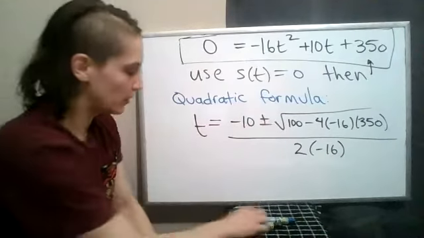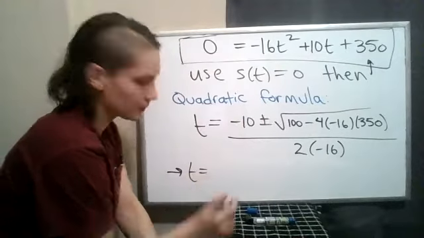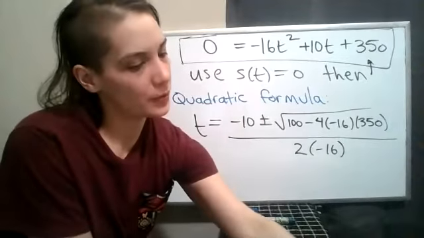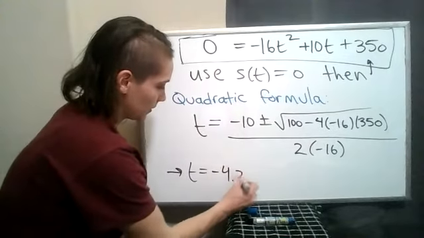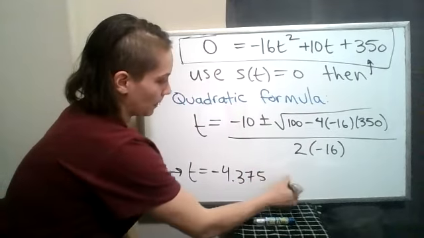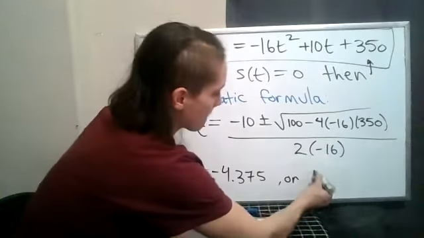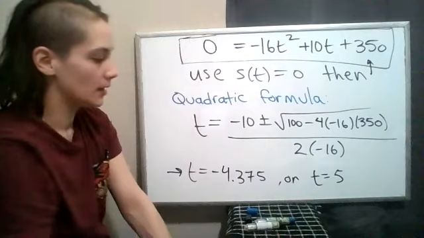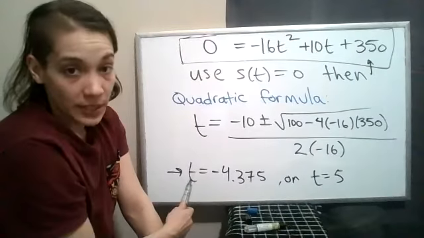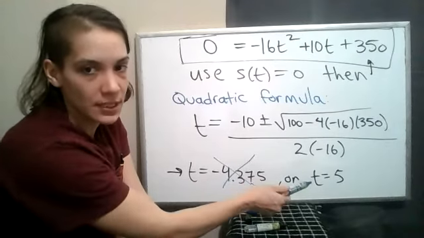So the first value I got was t equals negative 4.375. T equals 5. T represents time, so we're not going to use the negative time, we're going to use this t equals 5.